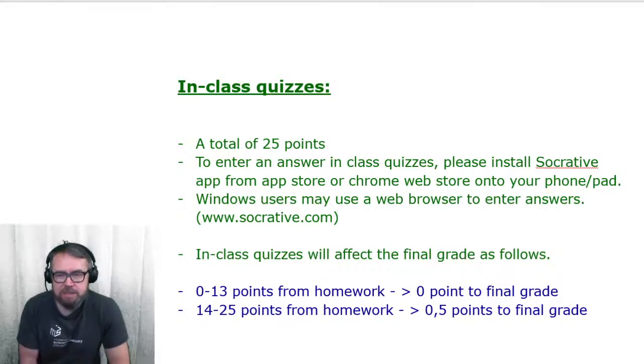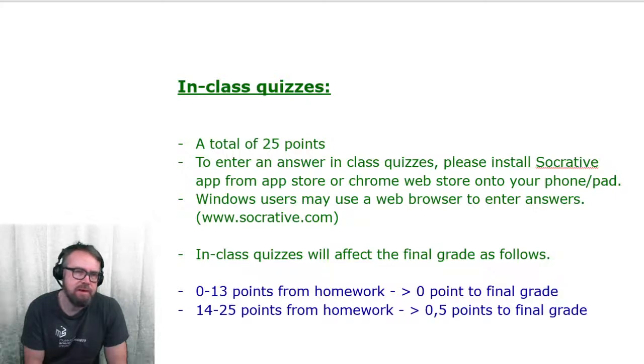Okay, in-class quizzes, a total of 25 points available. And again, I'm not expecting you to score 25 points, but if you can do 14 out of 25, then you're going to get this extra 0.5. And this is a little bit of black and white. So you scoring less than that, you get nothing. And you scoring more than that, you will get this 0.5, and that automatically gives you 1 extra point to your final grading.